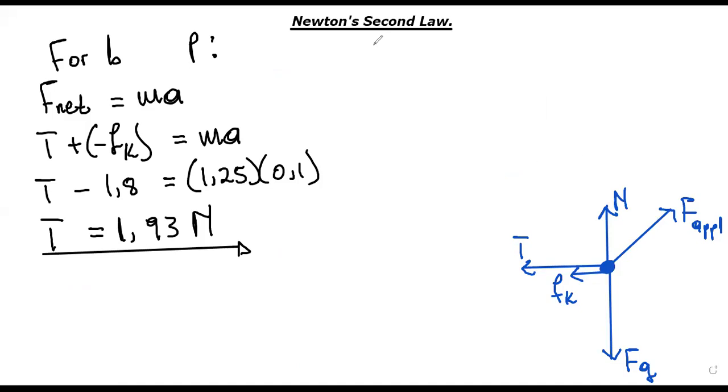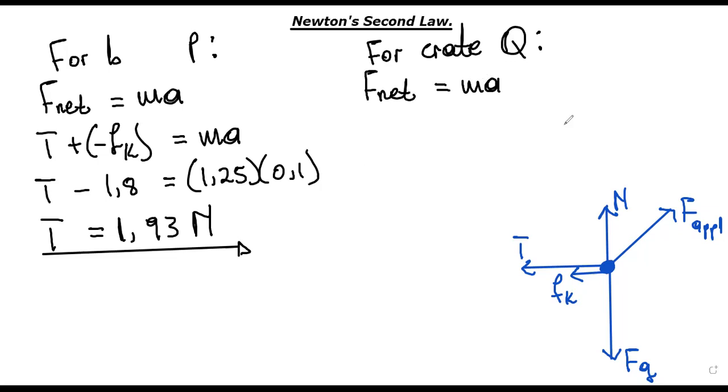So let's go. We tell them that now we are considering the grade Q, like that. Now, we also tell them that the net force acting on grade Q equals MA. But what is the net force in this case? I want you to see that we have a component of the applied force that is in the X direction, or the horizontal one. So it's going to be positive in this case.